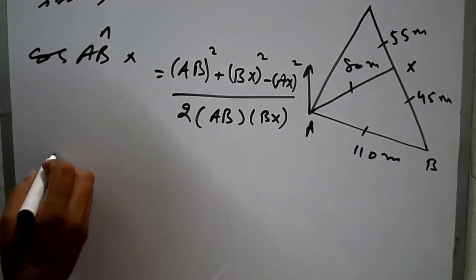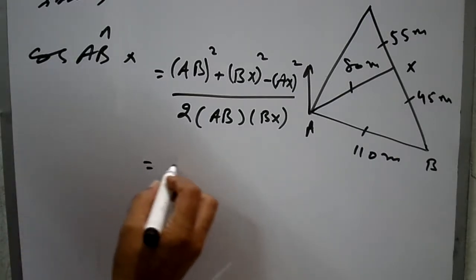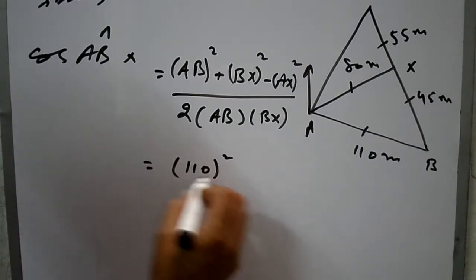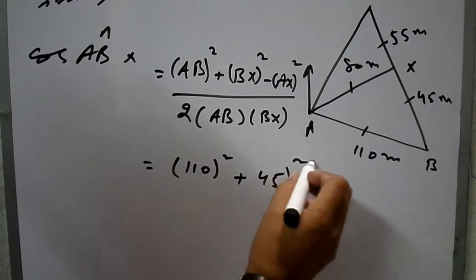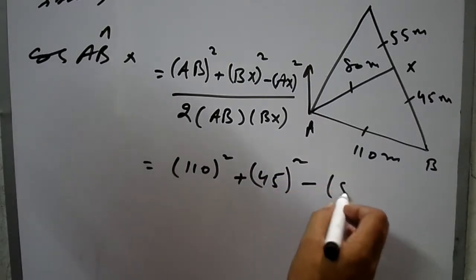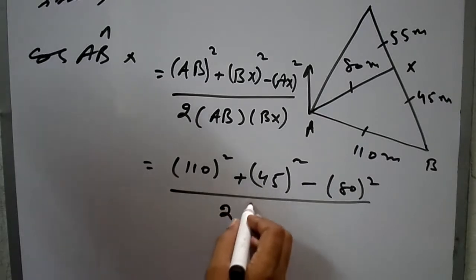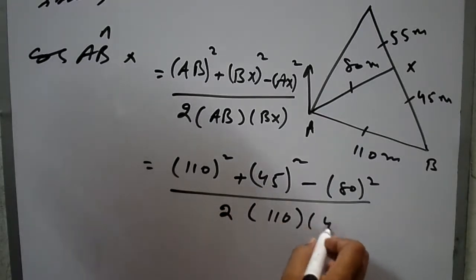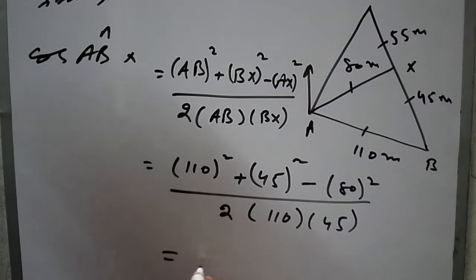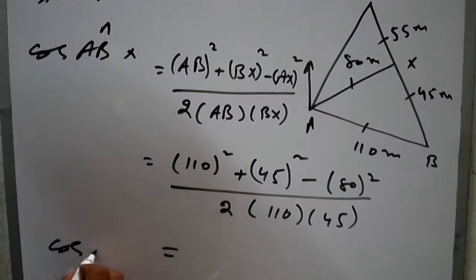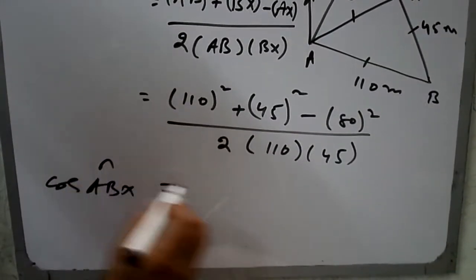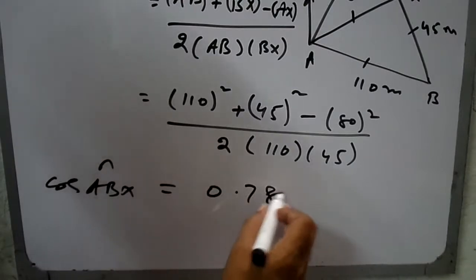So putting the values, you will get 110 square, 45 square, and 80, it is also given to us, so 110 into 45. So by simplification, the value of cos ABX is equal to 0.7803.